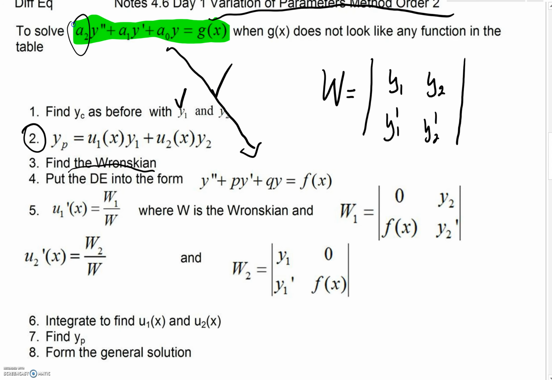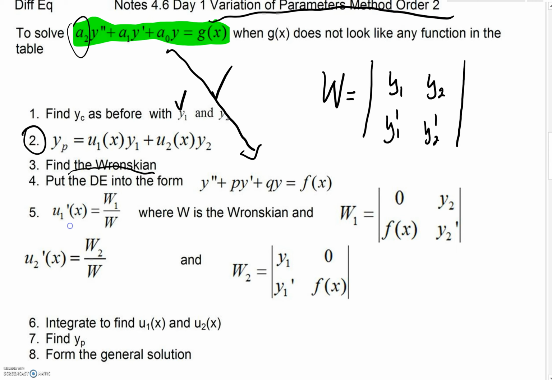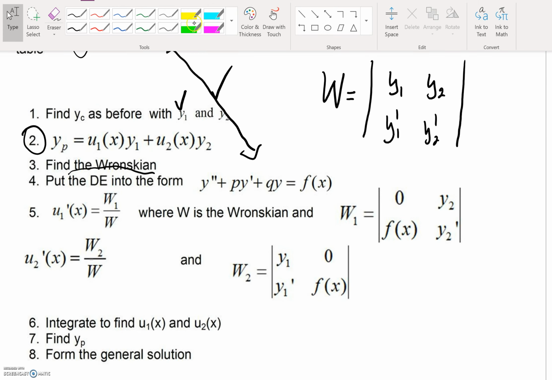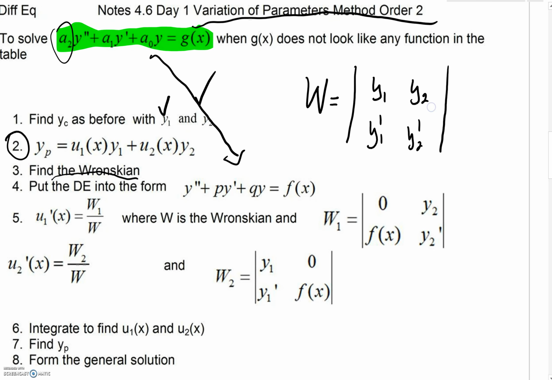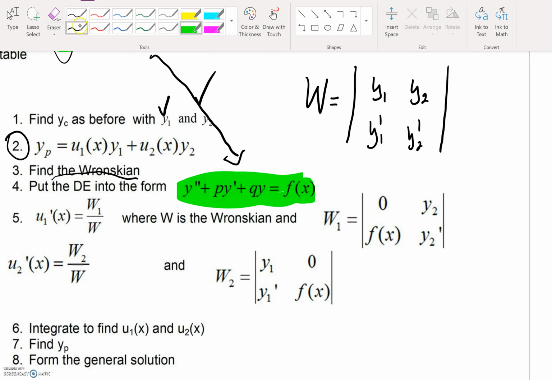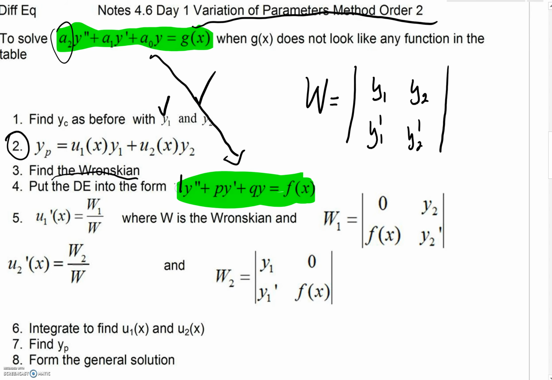If your lead coefficient is anything other than a 1, divide by it, and you're going to see that your right-hand side might change. When you're dividing, you might very well get something different, like an f of x. And that's super important, that you always make sure that in front of that second derivative, you have a 1 here.